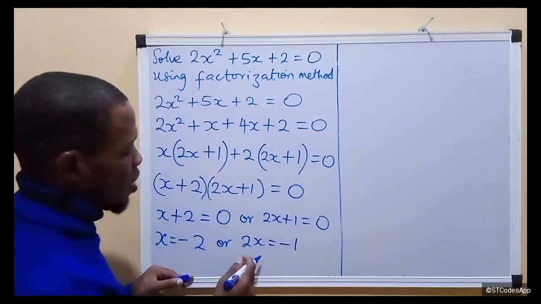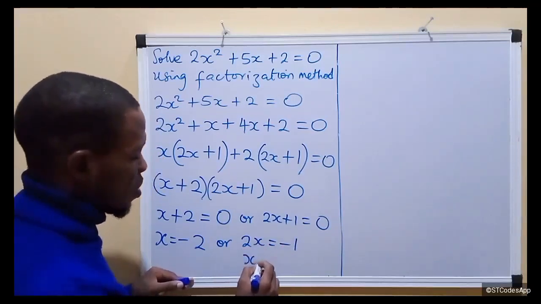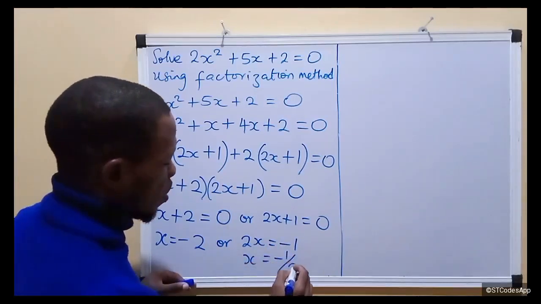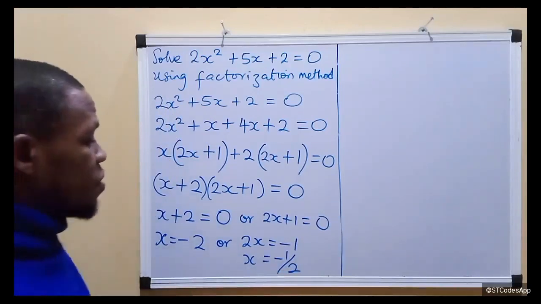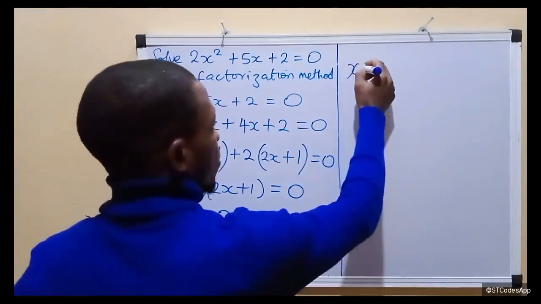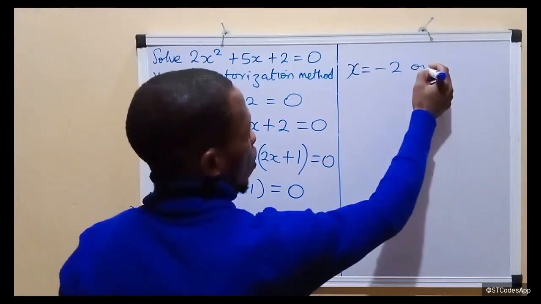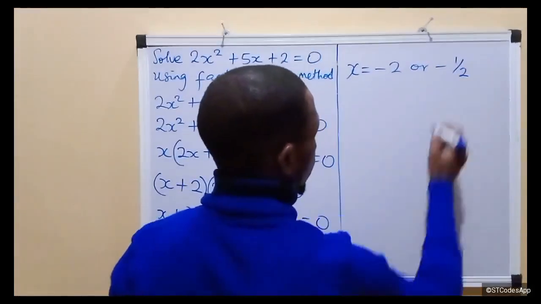Then dividing both sides by the coefficient of x, which is 2, we're going to have x is equal to minus 1 over 2. So finally what we have is x is equal to minus 2 or minus 1 over 2, which is a half.